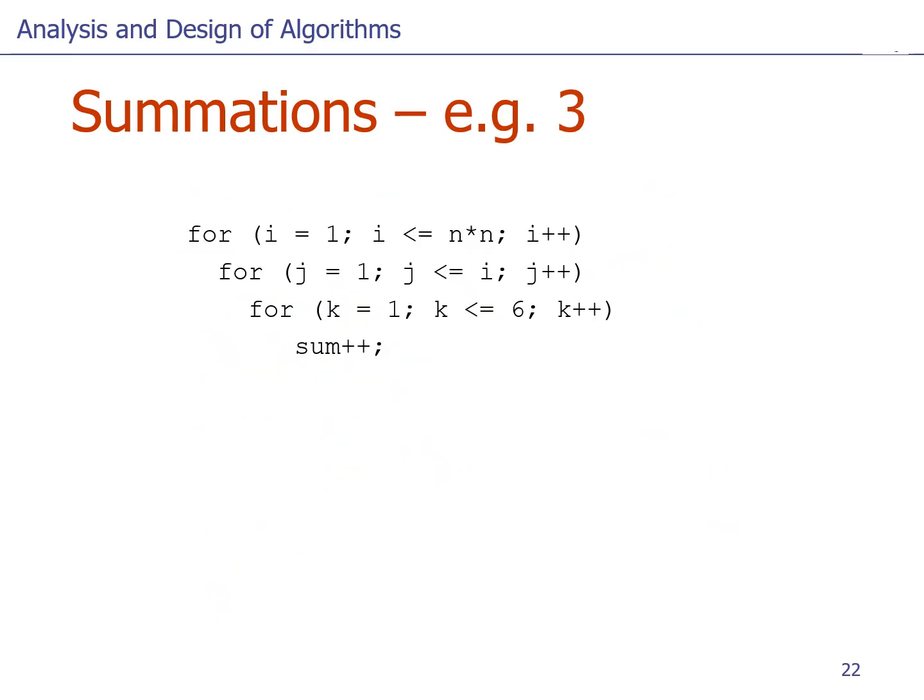Let's look at this third example with 3 for loops nested inside each other. Again, the approach when we're doing summations is to look at every loop and count the number of values that the loop variable gets assigned, and also inspect the range that the loop variable takes.